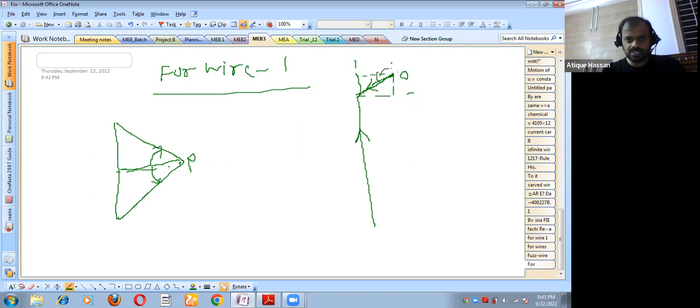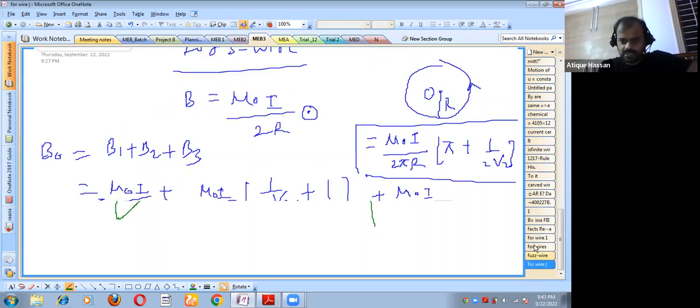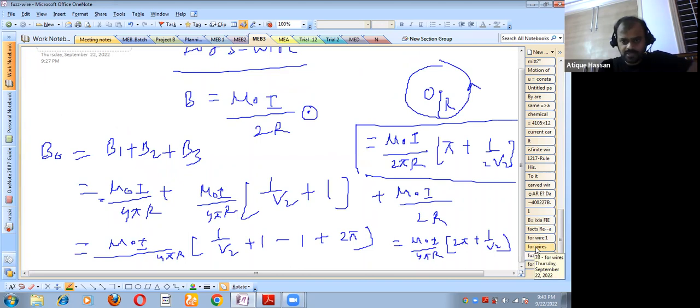So this angle is actually 45 degree and the other angle is 90 degree. The current is going in this direction and we have to take the angle with that direction. So what was the net magnetic field we were getting?